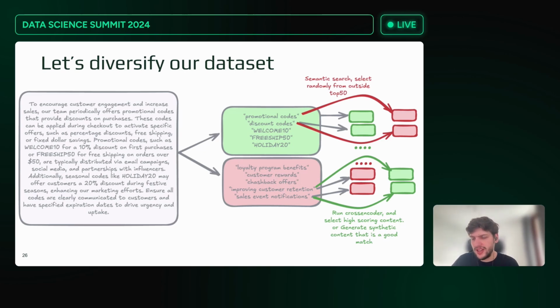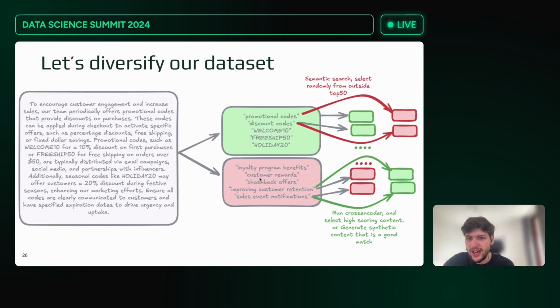But the downside of it is that your cross-encoder already knows that something is a good match. So during training and fine-tuning, you're feeding it data that it already knows, and the only purpose of that data is so that the model doesn't forget something that it already knows, right? It's much better if you'd actually have some training data that teaches the model something. And here you can generate synthetic content that is a good match. This is also a relatively easy problem, right?